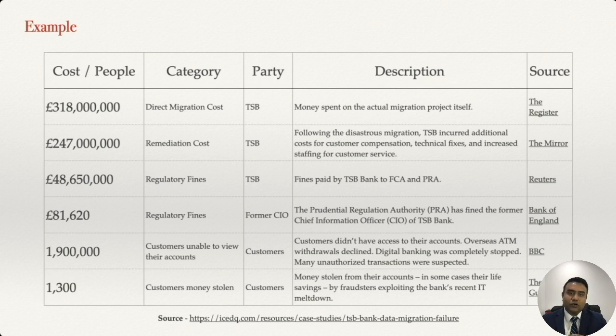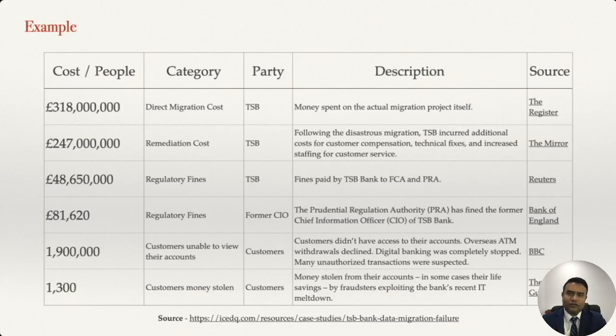However, due to data migration failures, along with many other shortcomings, the project turned out to be a great example of what not to do. It created a perfect storm of disruptions for TSB Bank that made a huge dent on the reputation and the brand value, and it resulted in significant financial loss for the bank.